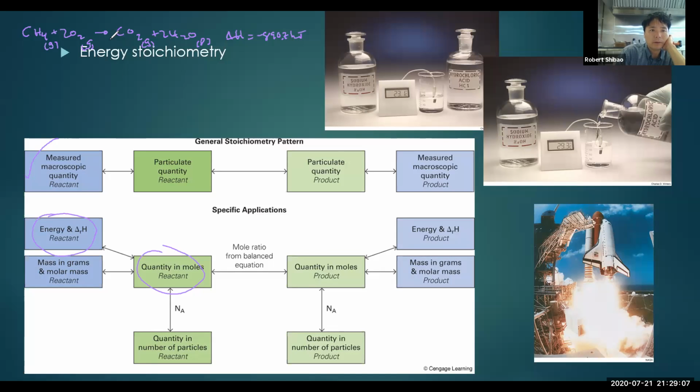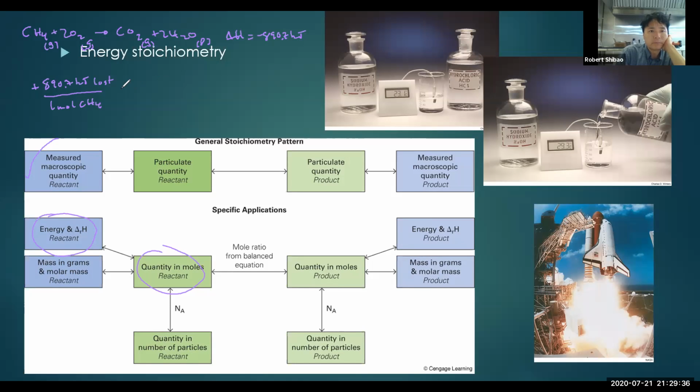Now, the relationships are here. If I burn 1 mole of methane, I'm going to get that much. And so this means I get 890.7 kilojoules lost. If I write lost here, that's equivalent to writing negative in the front. And so I'm going to write 890.7 kilojoules lost for every 1 mole of methane that's combusted.